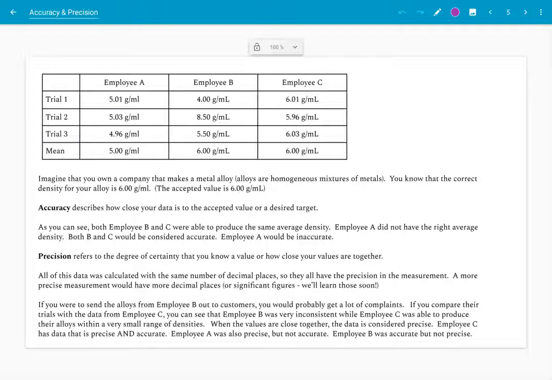I put this in here to give you an idea, using words, explaining accuracy versus precision and looking at a data table. I'm not going to read this to you, but I would suggest looking at it closely to get familiar with what is accurate and what is precise.